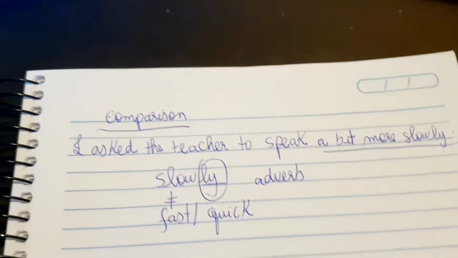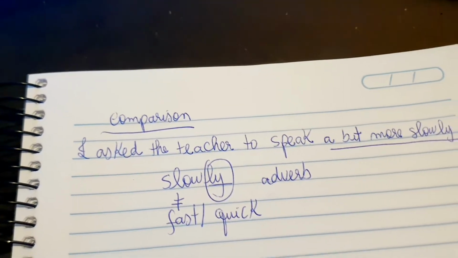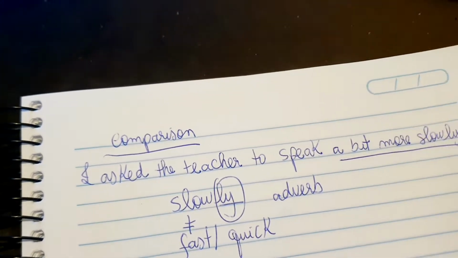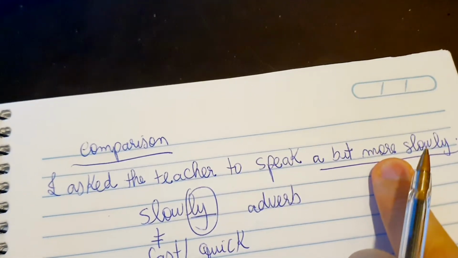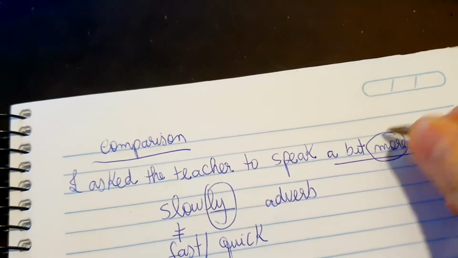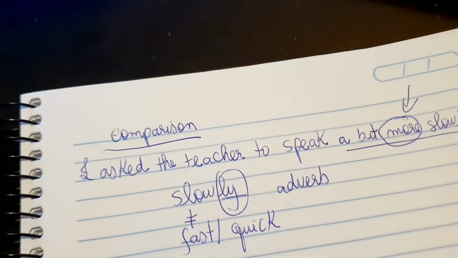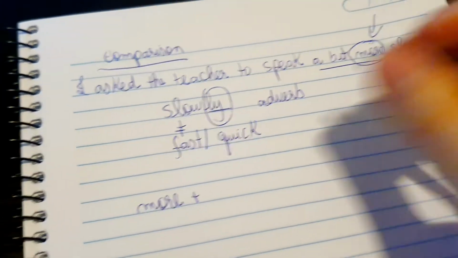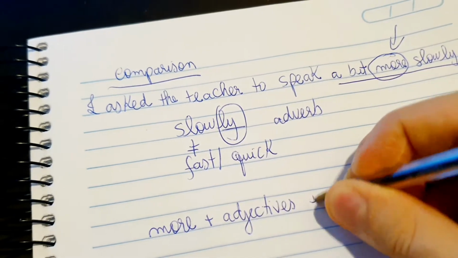Okay, but I want to emphasize, I want to add more details to this idea, to give more emphasis. So you can say, I asked the teacher to speak more slowly. So you see, more is comparison of superiority. In general, you use more plus adjectives plus than.